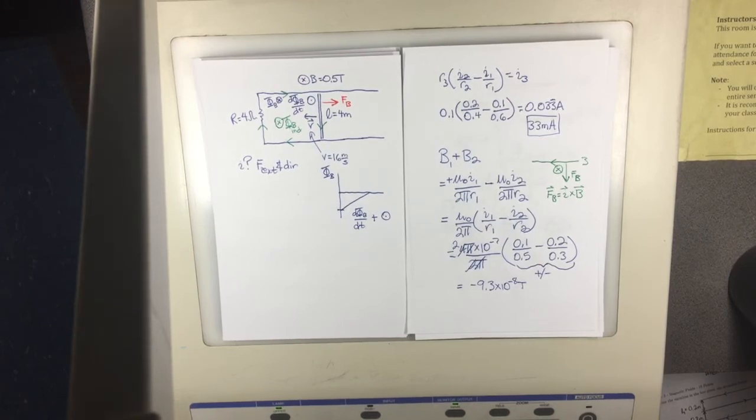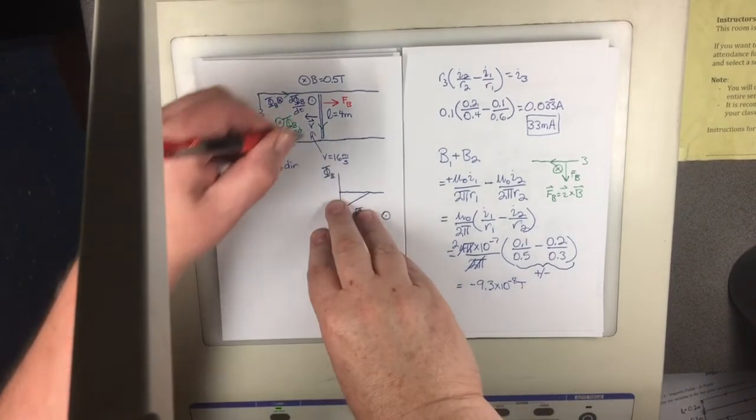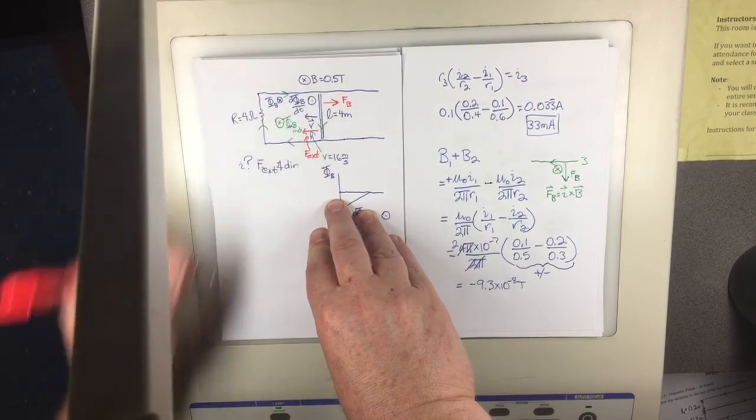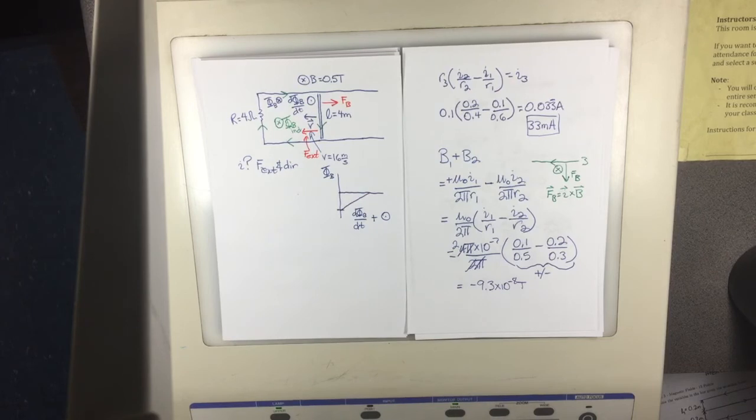So V down to the ground, B into the page. The magnetic force is to the right. So if the magnetic force is to the right, the externally applied force to keep that velocity constant must be to the left. External force is always opposite of the magnetic force, and magnetic force is always opposite of V. You can also say that the external force is always parallel to V, or in the same direction.